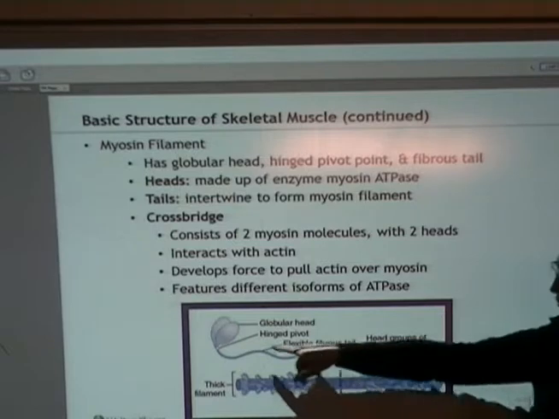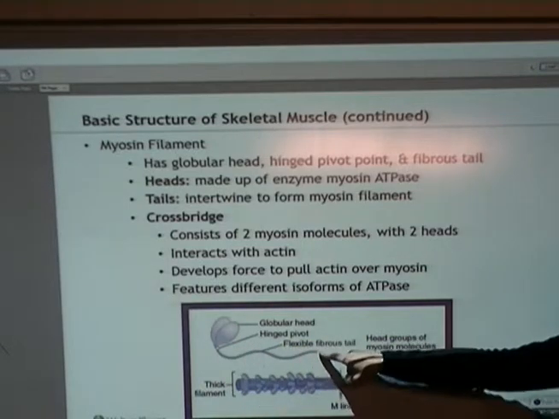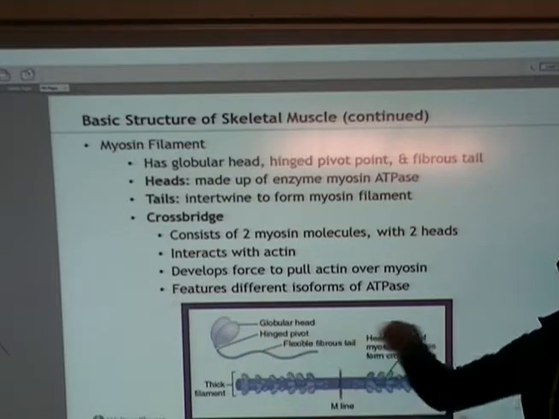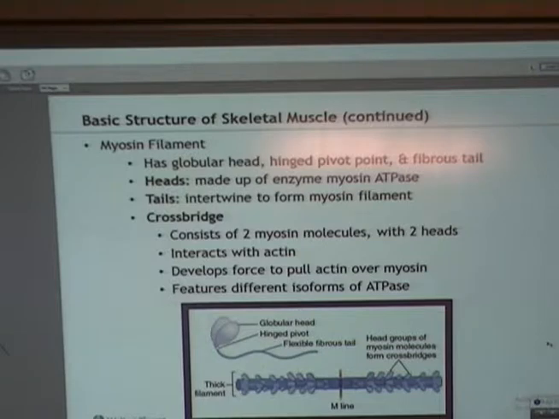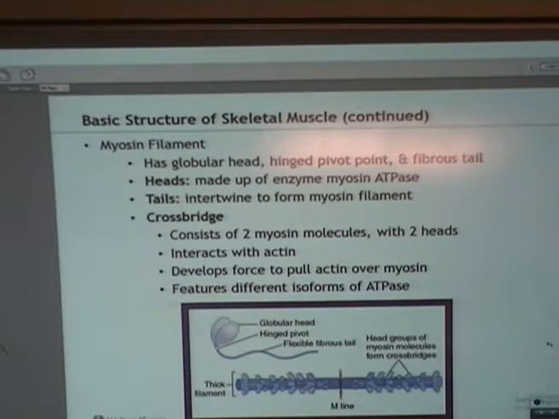And then they have a hinge point and a tail. So they look a little bit like a tadpole. And the tails are all wrapped around each other to make the fiber, and the little heads stick up out of the fiber.